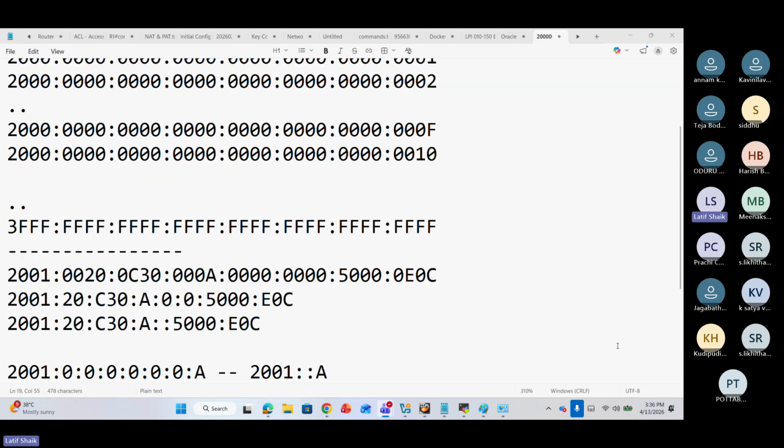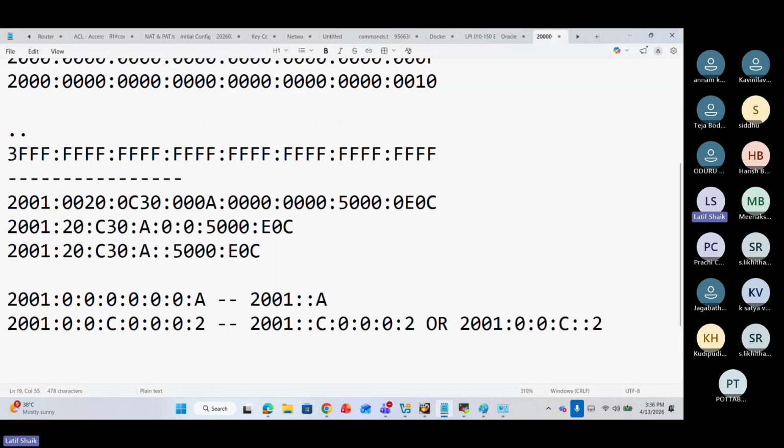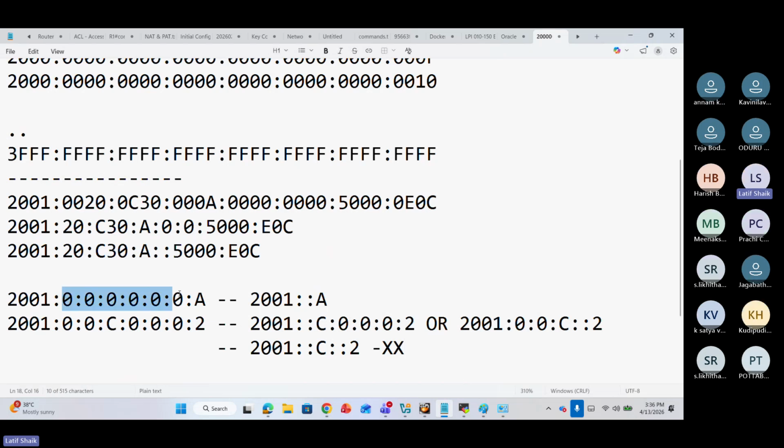But what is the mistake? The mistake part we should also know, what we should not do. People misunderstand this. This is wrong. If all are zeros, meaning this entire part is zeros, no problem.